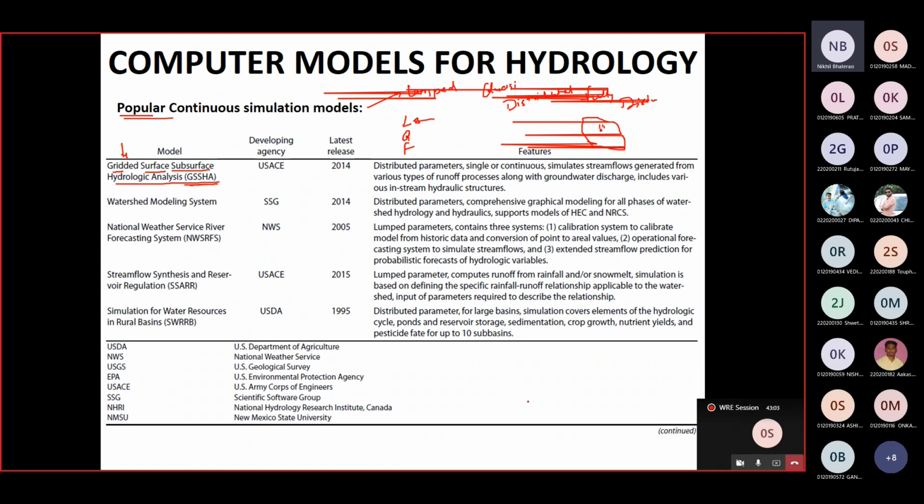Or if any particular watershed is available with us, and some soil parameters are available, soils vary from various locations, so we can have an average value that we apply to this particular watershed as a single value.